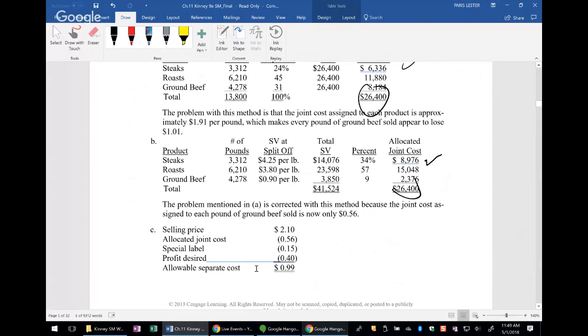Assume that the ground beef would be processed into sausage that could be sold for $2.10 per pound to the distributor. Now they give you this amount, 40 cents per pound, and wages. So allocated separate cost is 99 cents. That was 210 selling price. Take out the joint cost, the special label, and the profit desired, and it leaves 99.